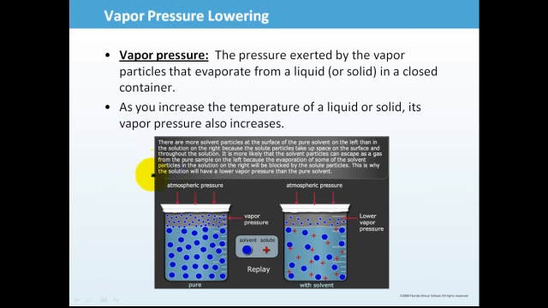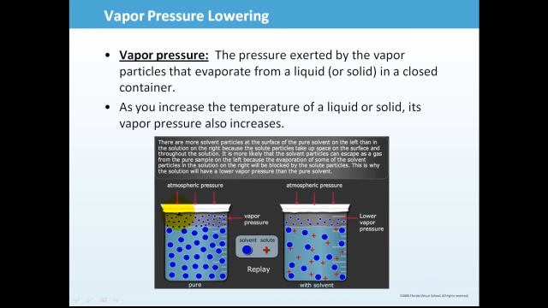By increasing the temperature, these molecules are moving more rapidly, and because they're moving more rapidly, they're able to escape the liquid phase easily and go into the vapor form. So because you end up with more vapor particles, you have an increase in the vapor pressure. So that's just a little side note there.